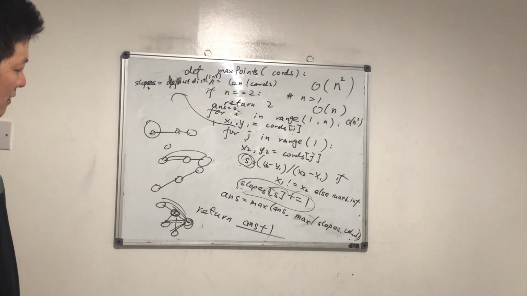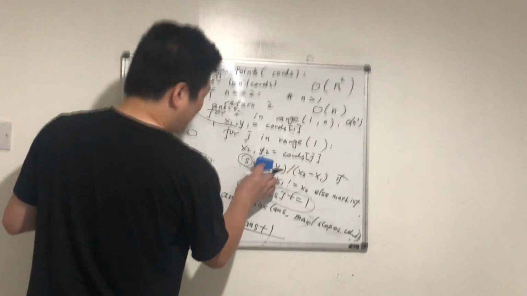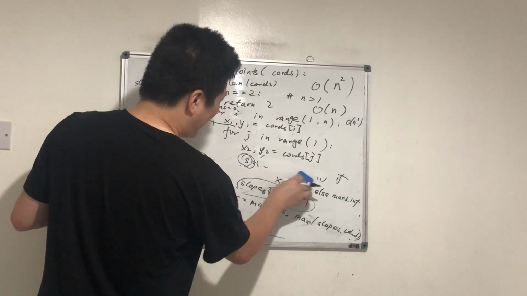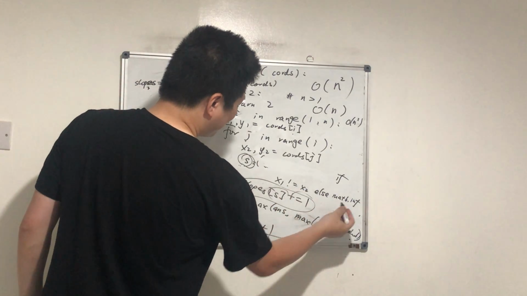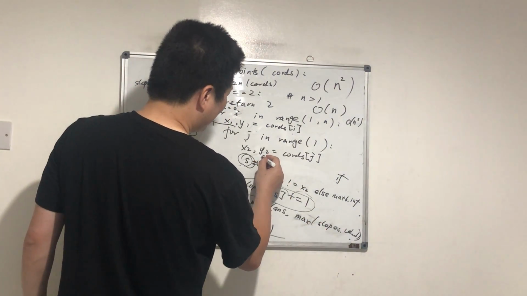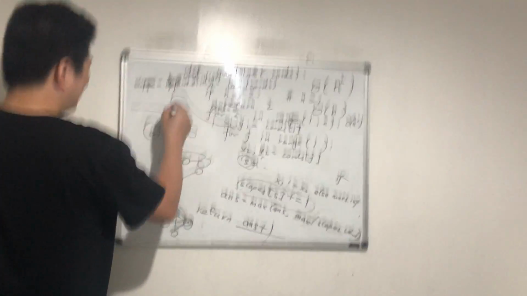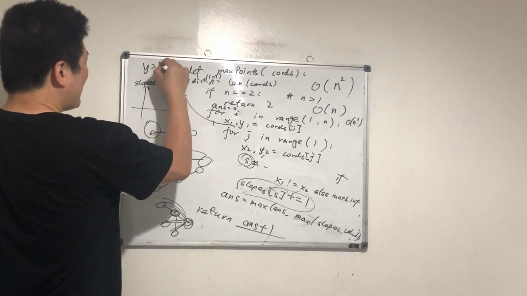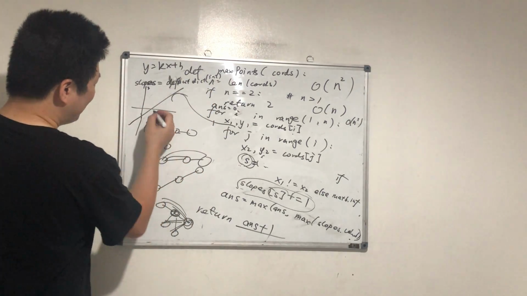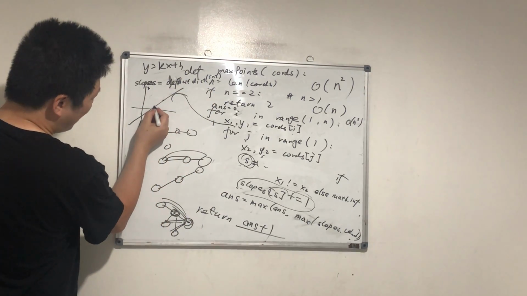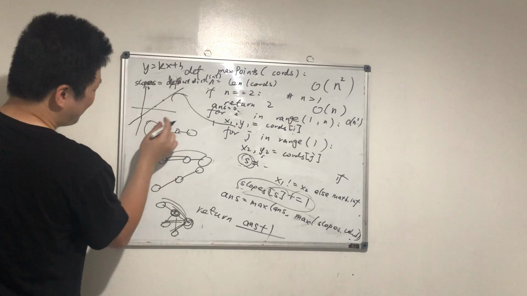Alright? Okay, can you tell me this one? Come on. How do you calculate the slope? You don't need to worry about these two. What's the slope? The K, y equals Kx plus B. If I draw a line like that, and I give you a point here, what's the K value?